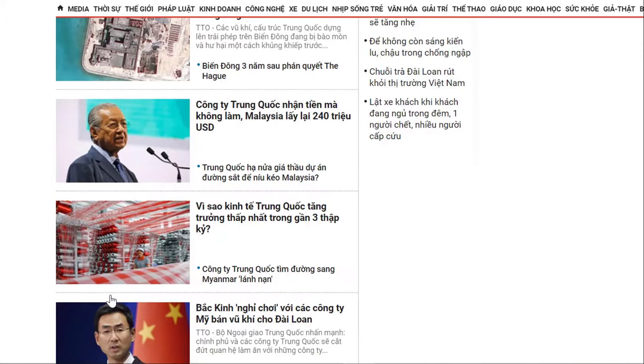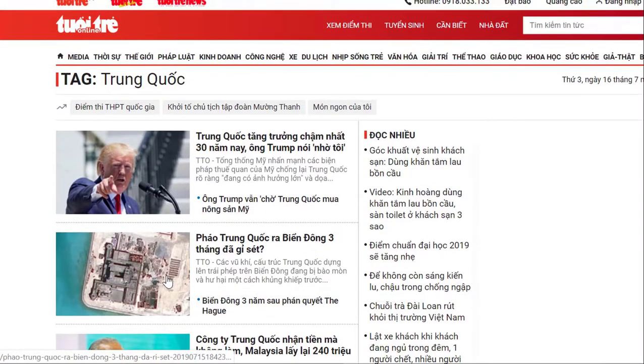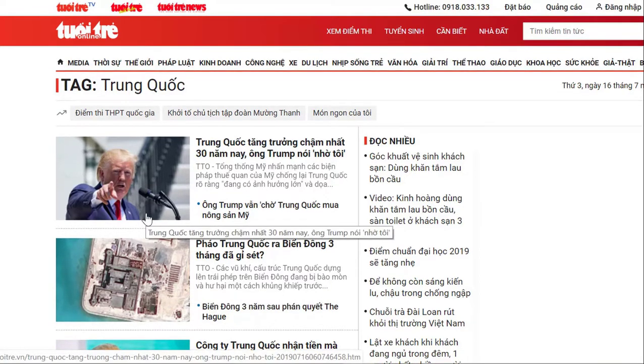They know that Vietnamese people can be curious about what China does currently, and this tag can keep them continuing to read the site's articles. It can reduce the bounce rate for the online site and also get the reader interested in the site.